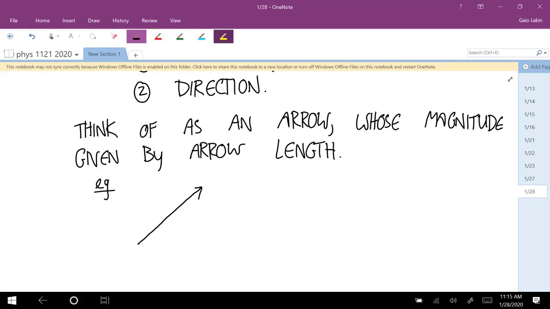So a lot of times it's useful to have a representation for vectors that are coming out of the page or going into the page. So here's what people use. A circle with a dot in the middle is a vector coming out of the page. It's like you're looking at the tip of an arrow. And a vector going into the page is a circle with an X through it, like you're looking at the feathers of the arrow.